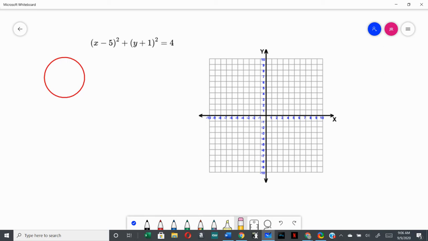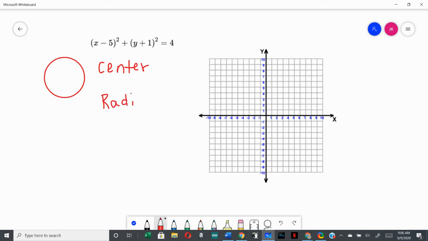Here's an example. I want to take this equation and graph it in the coordinate plane right here. In order to graph, I need to know two things: the center and the radius.